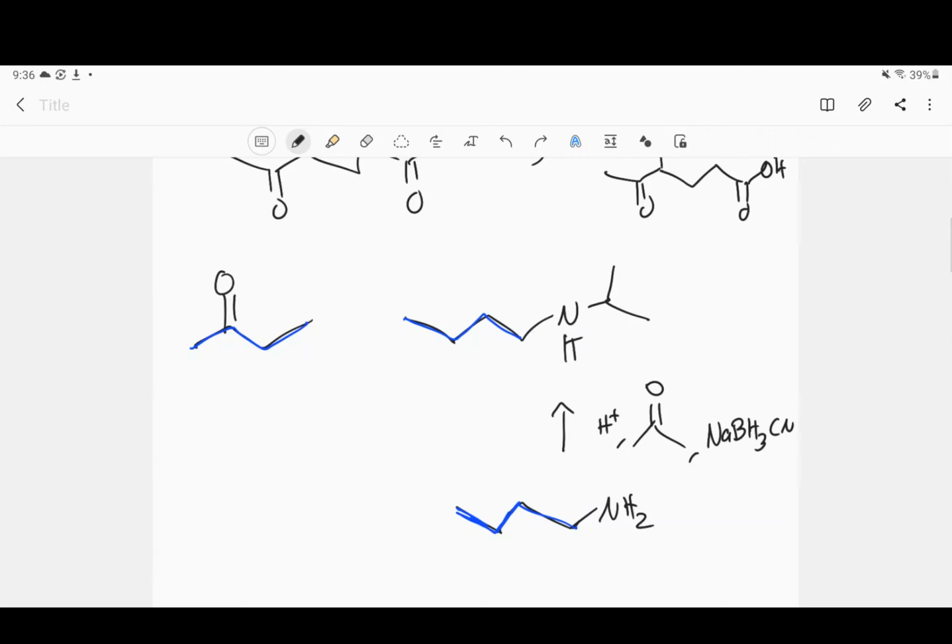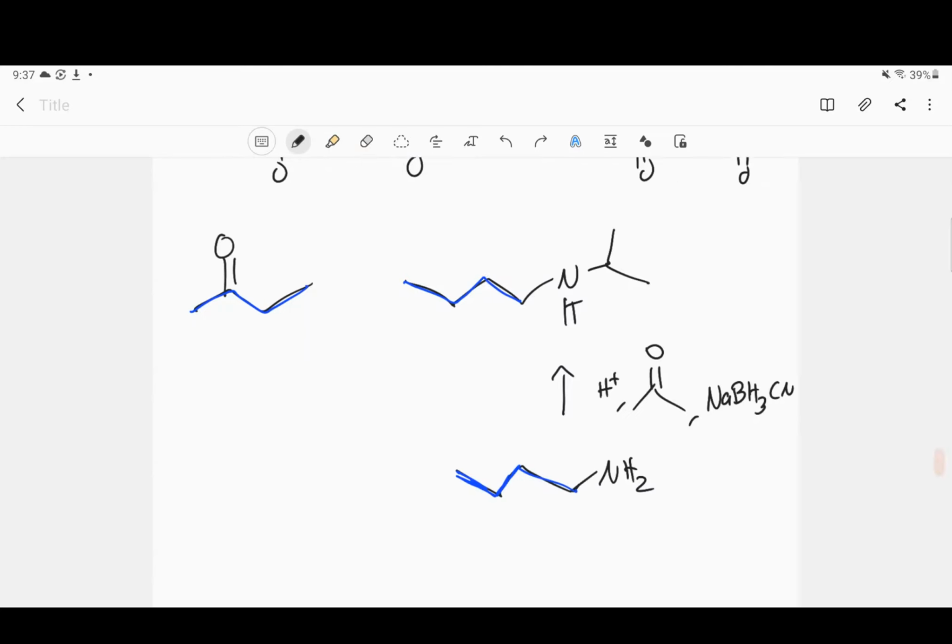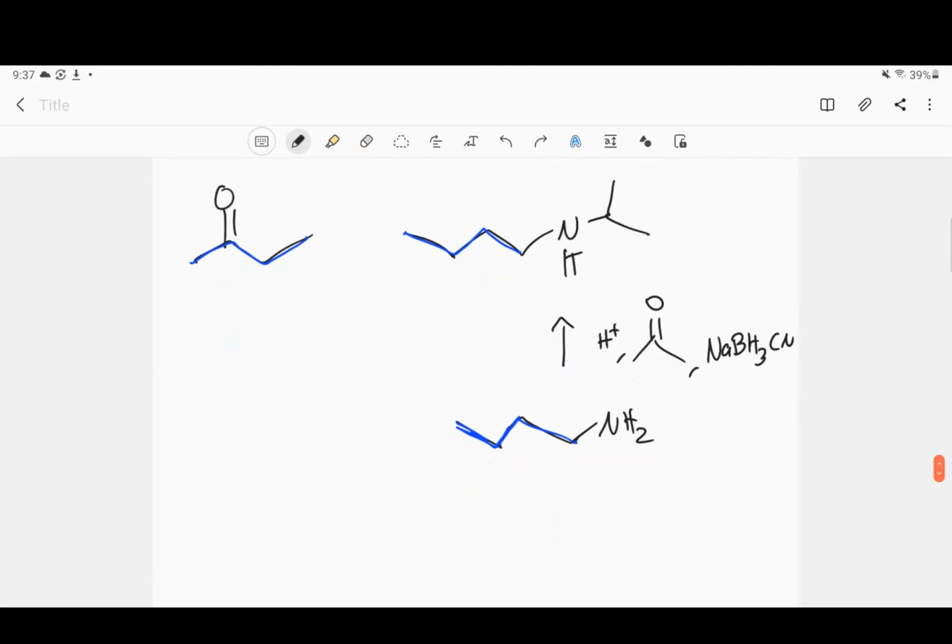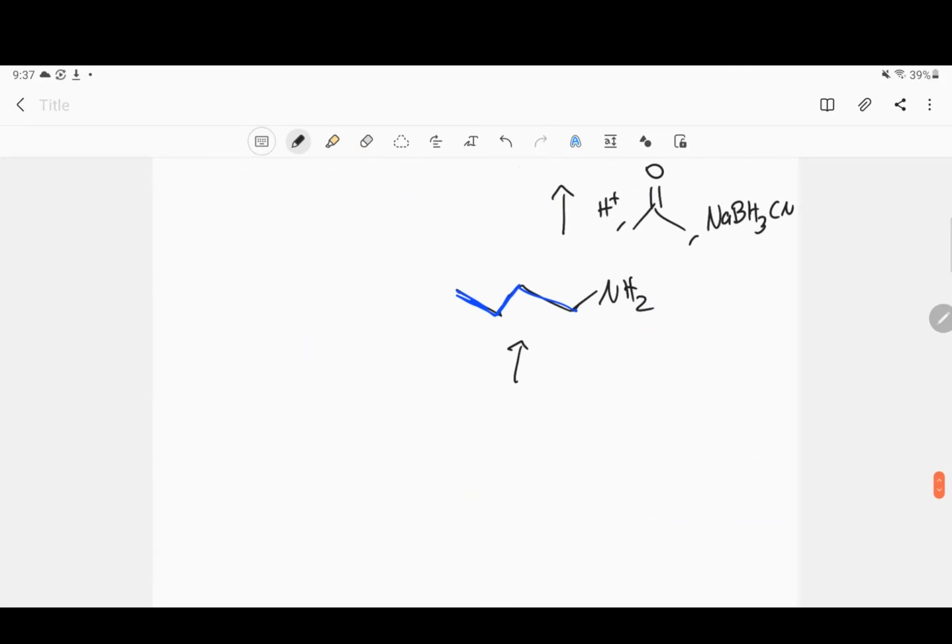The best way would probably be a reduction and then an elimination to get an alkene. From an alkene, we can make something that we can turn into an amine. For example, if we want an amine there, we could take the bromide and do either the Gabriel or the azide synthesis to get that amine.